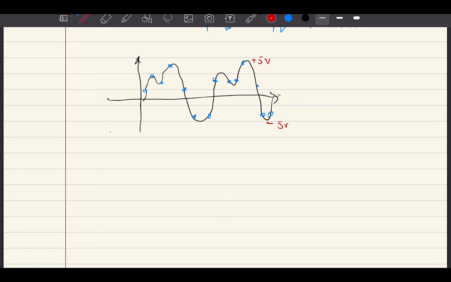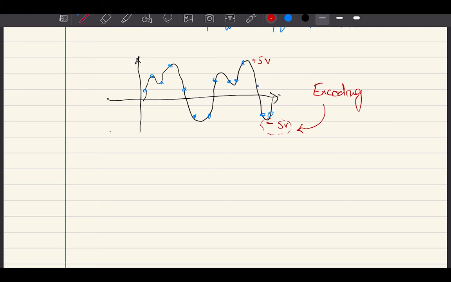Now, to do the encoding process, what do you need? You don't want negative values because negative values are difficult to calculate, so we do some tweaking with that signal. How do we do that? We just subtract the minimum of the signal from every point.